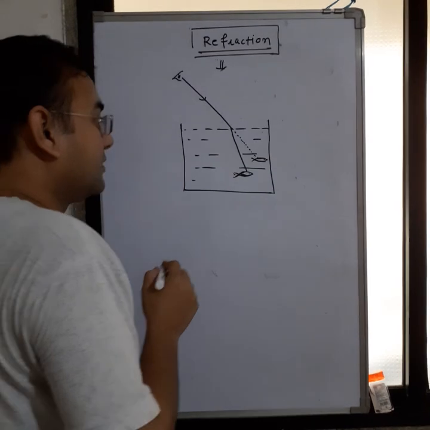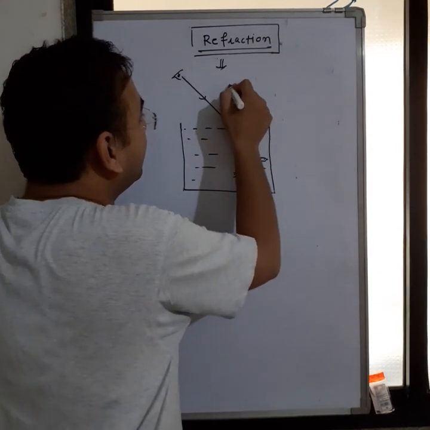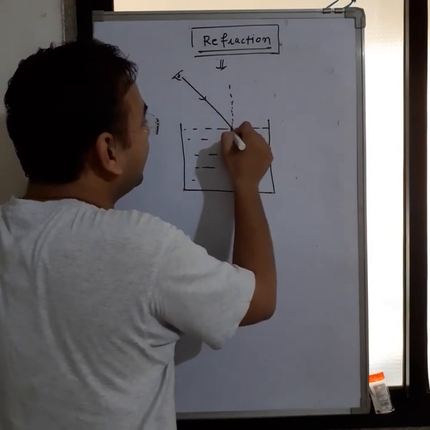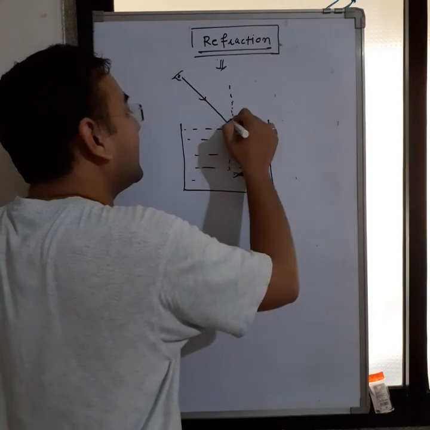So there is one called the real depth and one called the apparent depth.